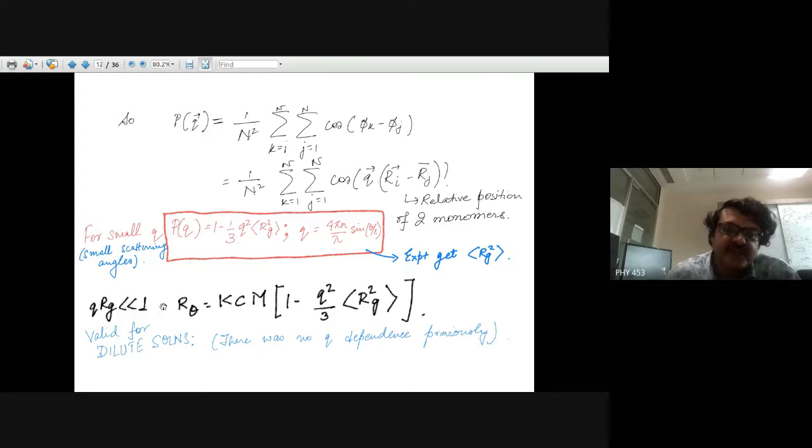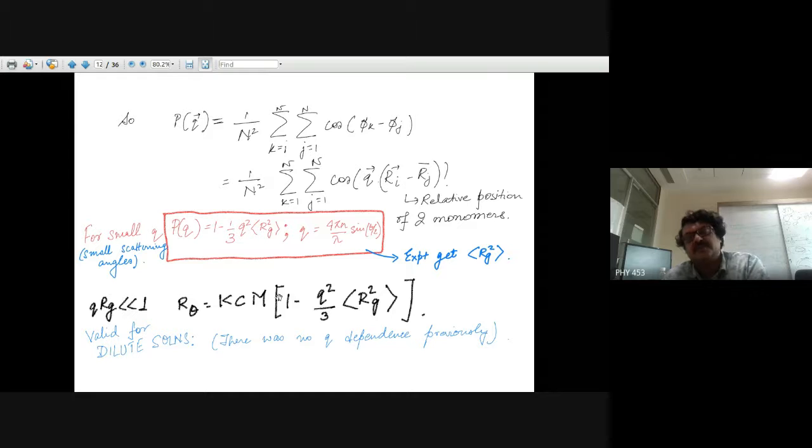So what do you do? You again calculate the Rayleigh ratio, which in turn this time is dependent upon K, that factor which has polarizability, and is going to be different if it is X-ray scattering or neutron scattering. And then the concentration, the molecular weight, and 1 minus q squared by 3 Rg squared. So if you plot R theta versus q, right?